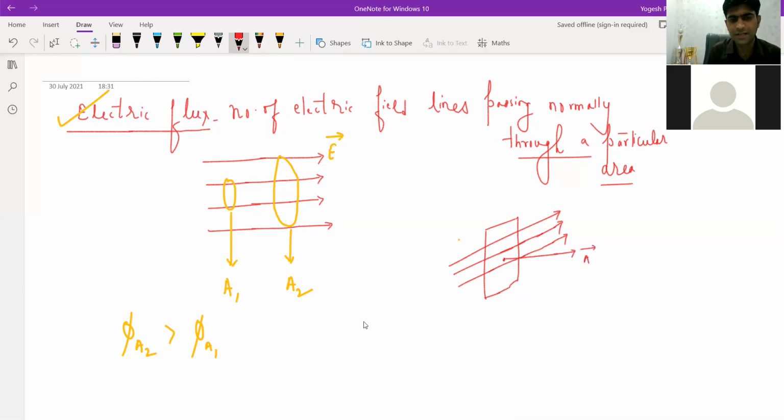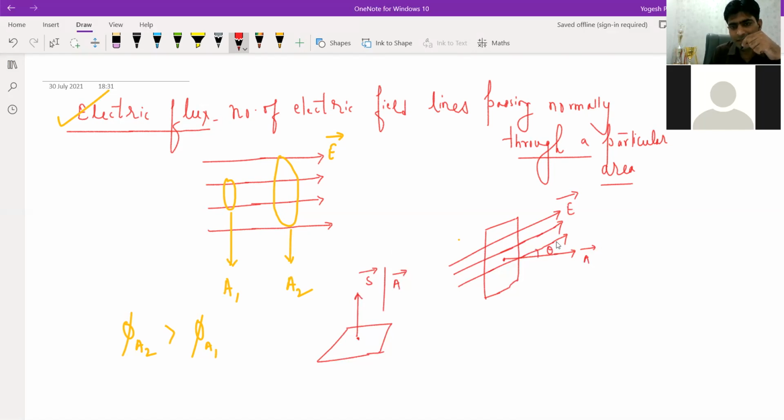Actually the area is a scalar quantity, but in this case we take area as a vector quantity, a vector drawn perpendicular to the surface. That is called the area vector. Now you see that the electric field lines are making an angle theta with this area vector.